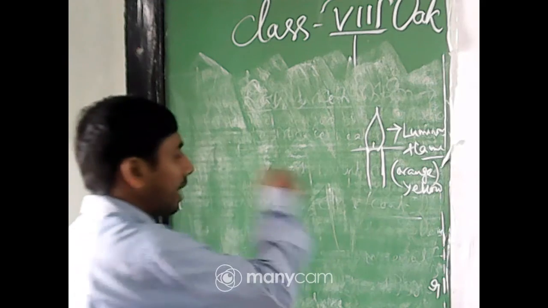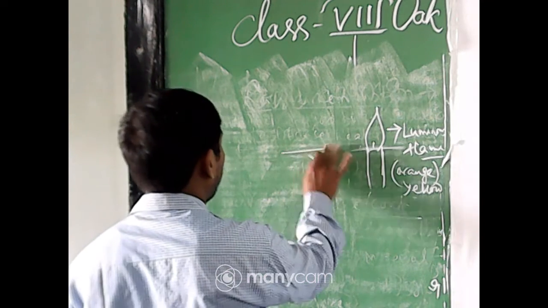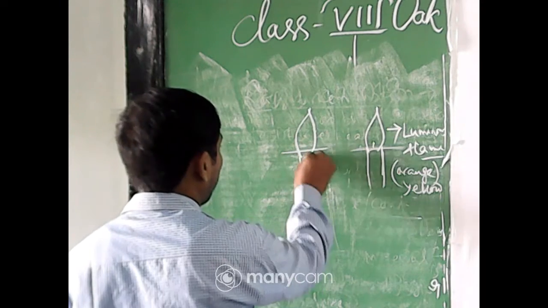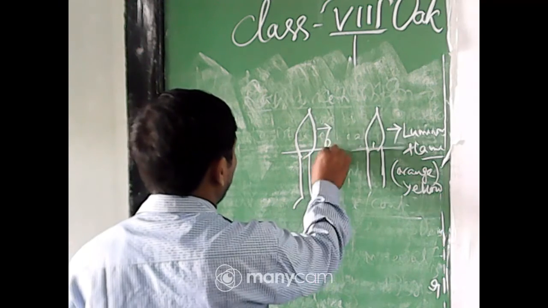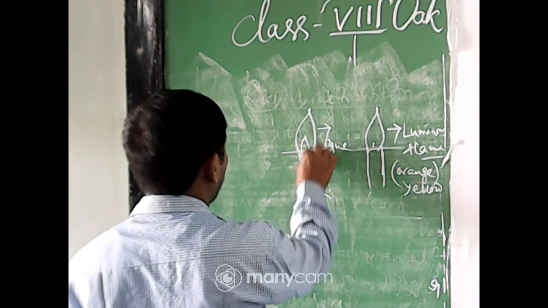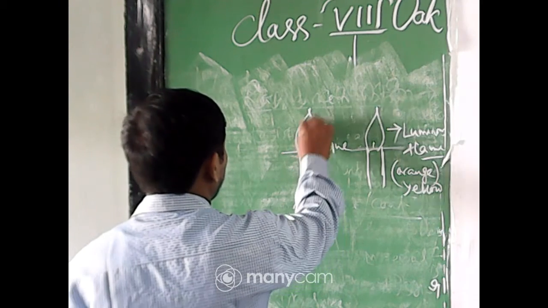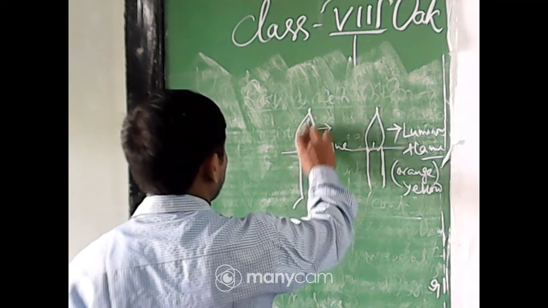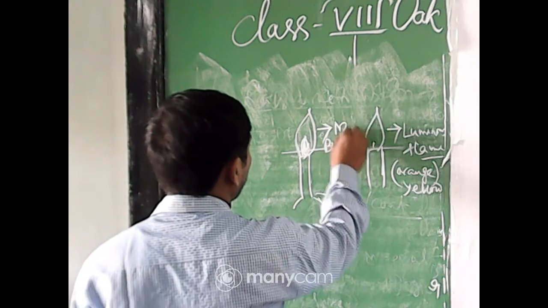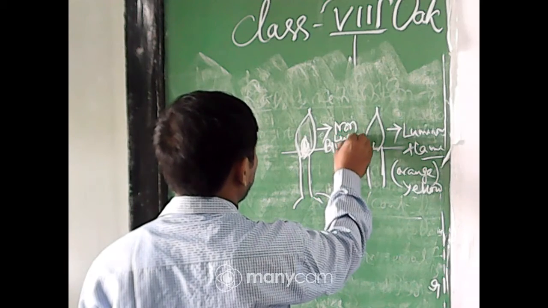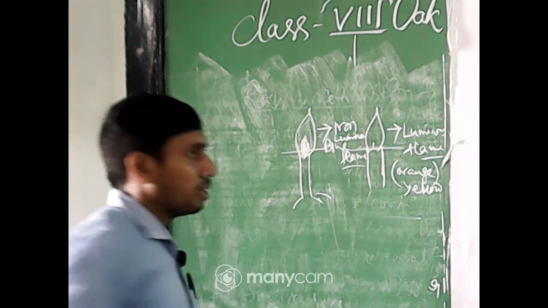It is not exactly orange or yellow, it has a particular color, but the Bunsen burner flame is blue in color, and there is an inner core and different layers. The outer layer is called the non-luminous flame, that is, it does not luminate.